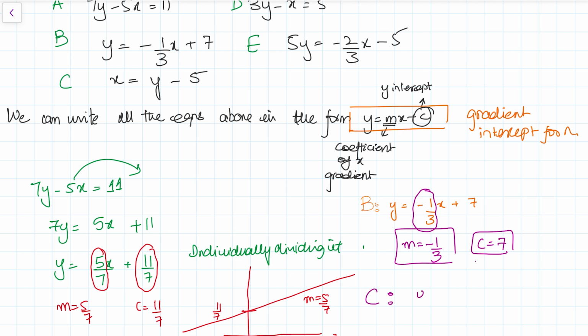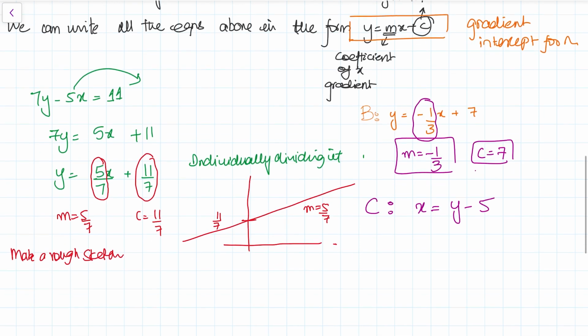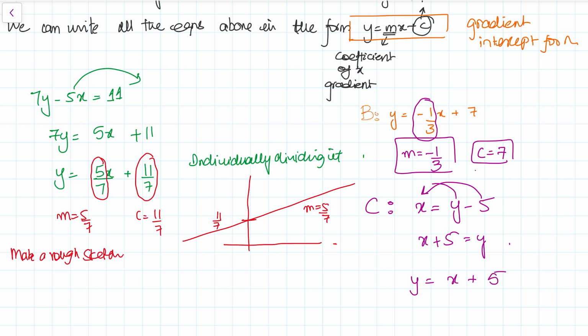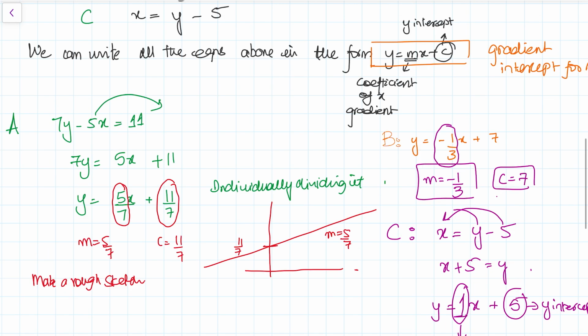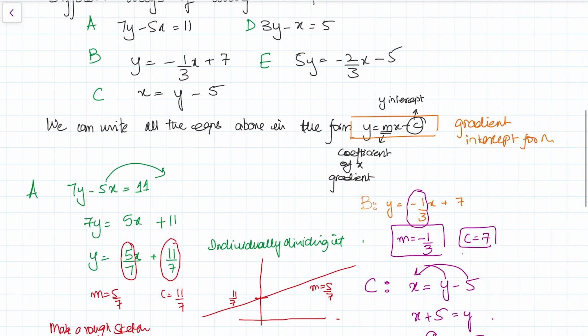Let's look at the C equation. x equals y minus 5. It requires a bit of rearrangement. y minus 5 comes there. Write it like this now. When there is no coefficient, it means the coefficient is 1. So that's my gradient, and 5 is my y-intercept.